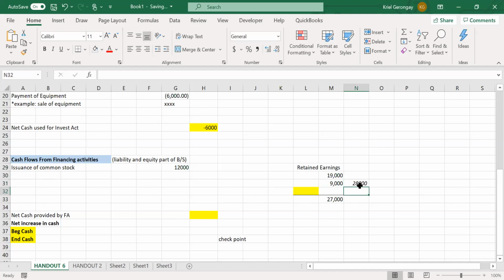The question now is, how much did we pay in dividends to come down to the 27,000? It's going to be 1,000. Where did we get the 9,000 from? The 9,000 is your net income.